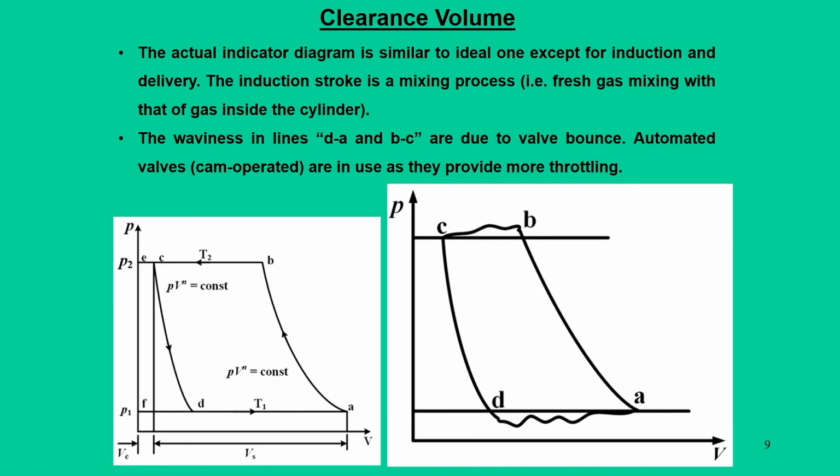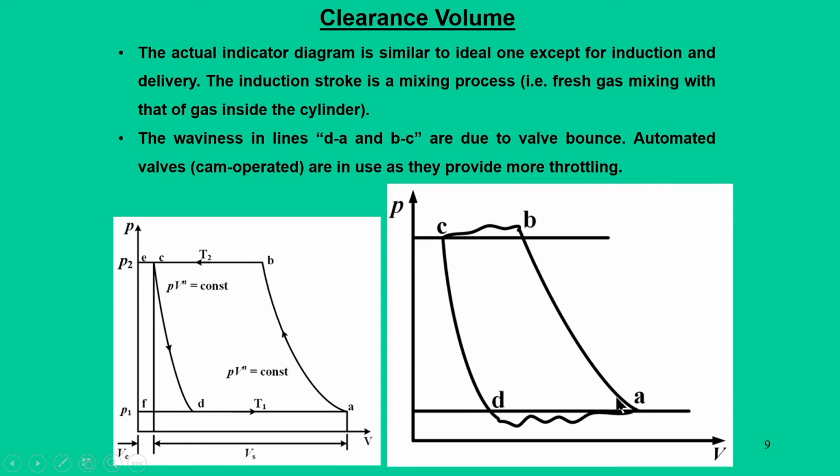Another version of the indicator diagram is what we also call the actual indicator diagram. What we have seen is that for either induction or delivery of air, we have the inlet valves or delivery valves. These valves are like cam operated valves, meaning they suddenly open and suddenly close. Although they are automated, this continuous opening and closing leads to some kind of waviness in the indicator diagrams.